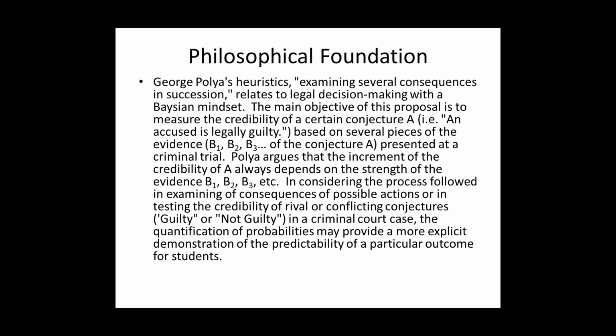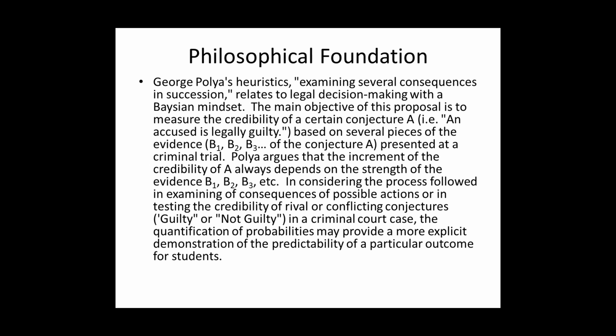Now, there is a modified Bayes' rule equation, and I'm going to show you three of them. The first one: G represents guilty, and the vertical line, as you know, means given E_n. E stands for the evidence, and the subscript n indicates the nth evidence, which we consider the newest evidence.